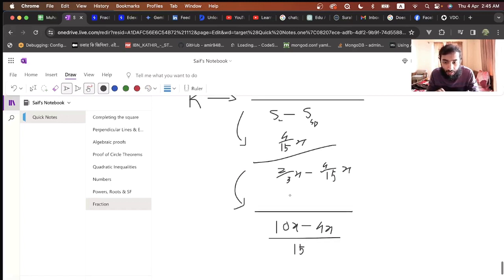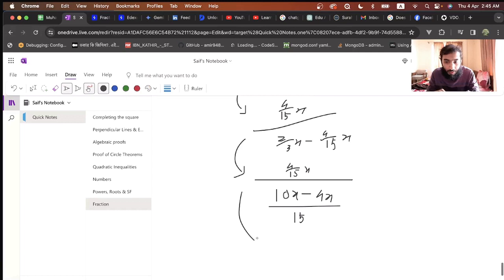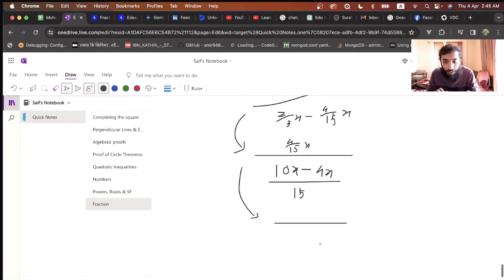And the numerator is 4 by 15 x. So this can also be represented as what? If I simplify the denominator even more, we get 15 and 10x minus 4x is 6x. So 6x by 15, and on the numerator we have 4x by 15.